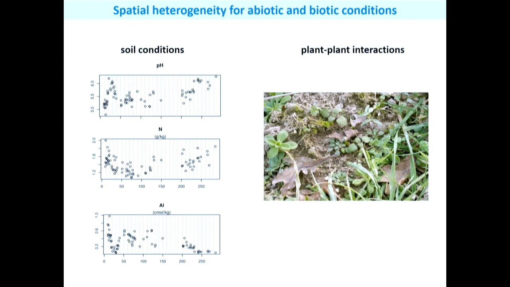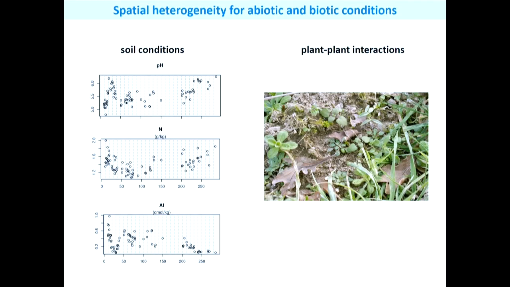Yesterday I was talking with Ute about this, and she told me that she observed the same kind of big variation at a very small scale in her population of Arabidopsis. And we observe the same pattern for other components of the soil, like the nitrogen content and the concentration of aluminum. So clearly there is big variation even in this one population.